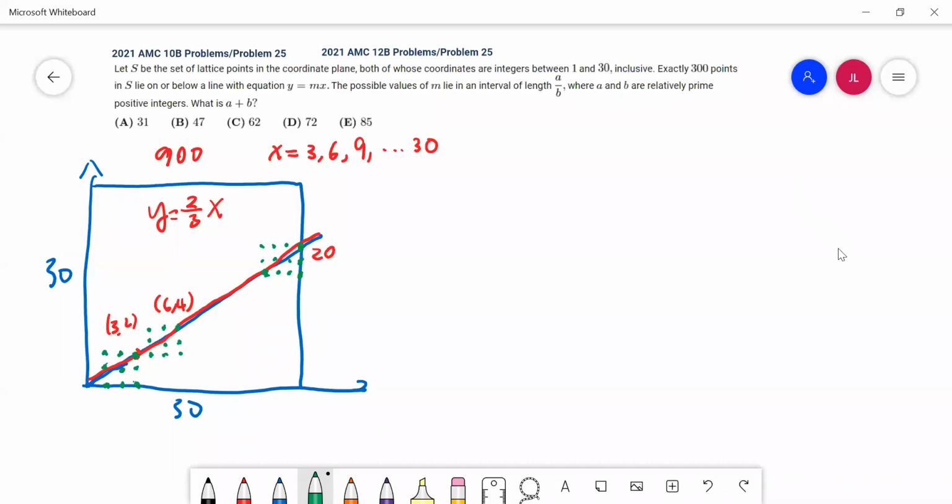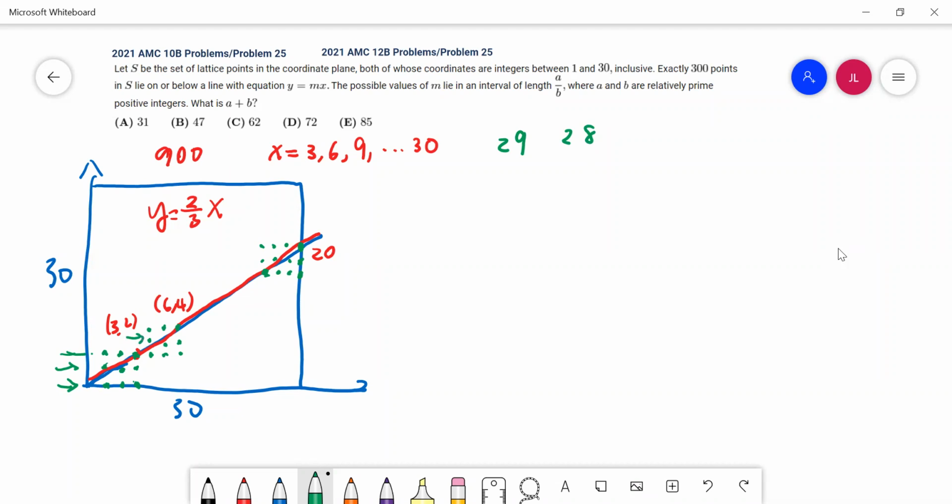Okay, let's count how many points lie on or under this line. So this row we don't count. We start from this row. You can see 2 outside, so that's going to be 29. And then this row, you can see 1, 2, 3, 31 minus 3. This one is on, so that's going to be 28. Now we go to the next row.